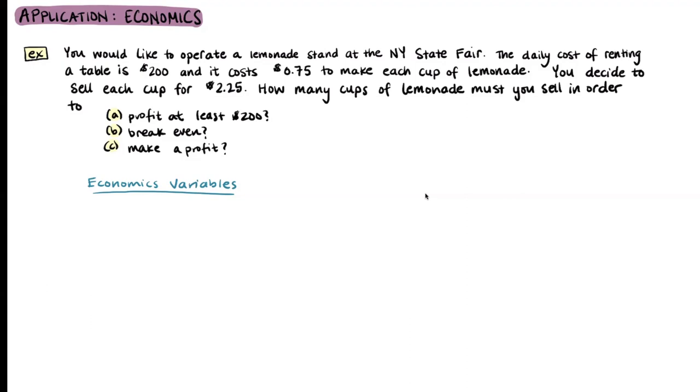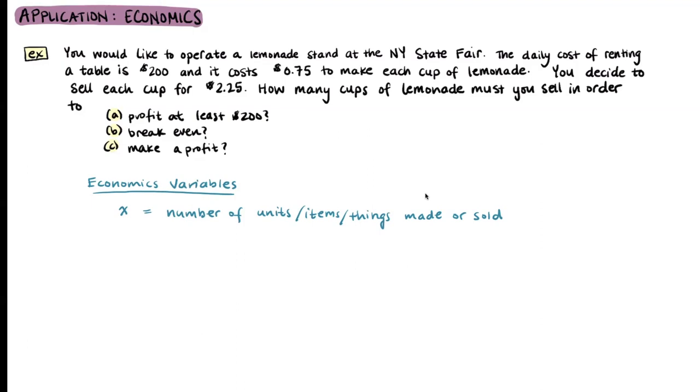We like X. You can use whatever you want, but I'm going to use X in all of these examples, and that's the typical thing to use. So X will always represent the number of units, items, or things, whatever the case may be in the particular question, that are made or sold. In this case, X represents cups of lemonade.